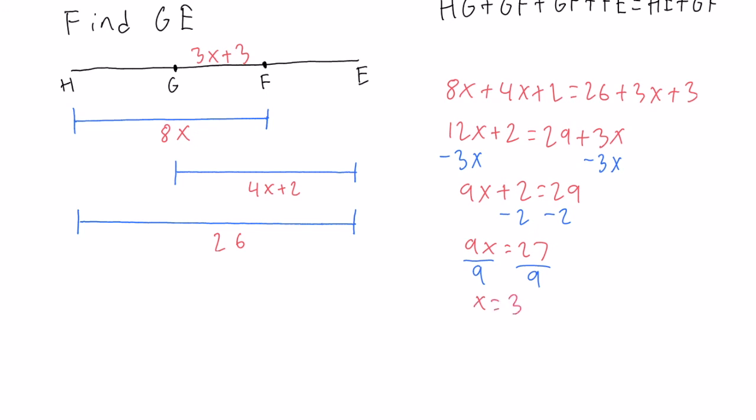And now that we know x equals 3, we have to find GE. So we know that GE is equal to 4x plus 2.